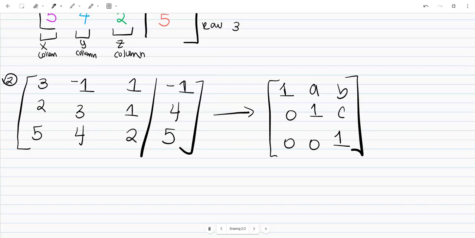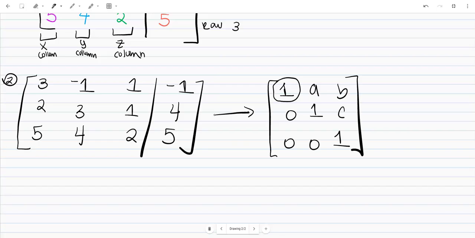Typically your first goal is to turn your first entry, the first row and first column value, my 3, into a 1. There are multiple ways you can go about it, such as dividing row 1 by 3, but that would give you fractions, which can get messy very quickly.